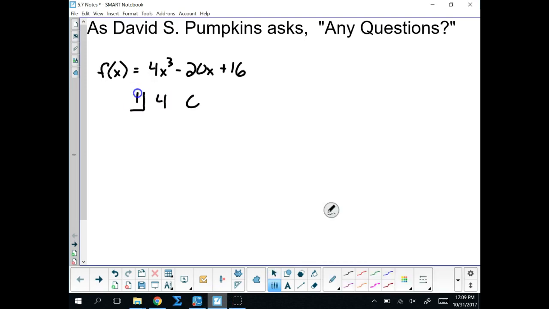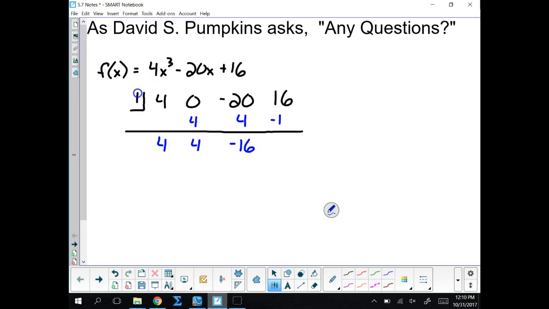So 4, 0, negative 20, and positive 16. 4, 4, 4, negative 16, negative 16, 0. Right? So f of x is now x minus 1 times 4x squared plus 4x minus 16.